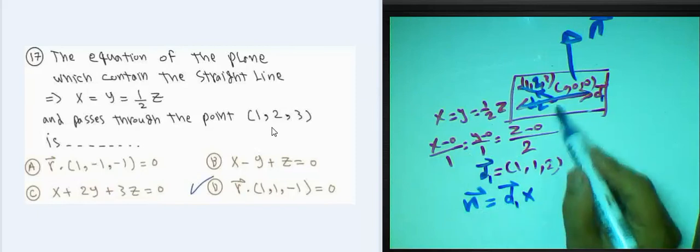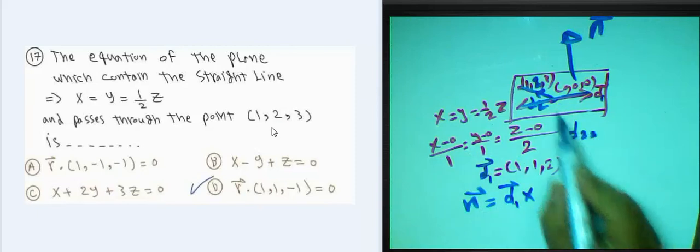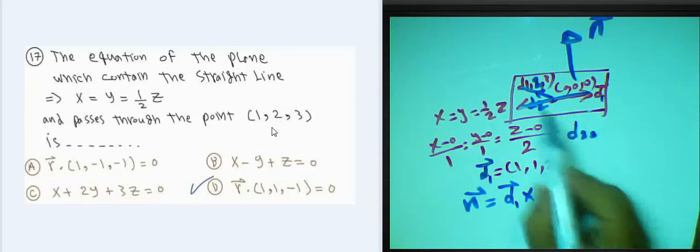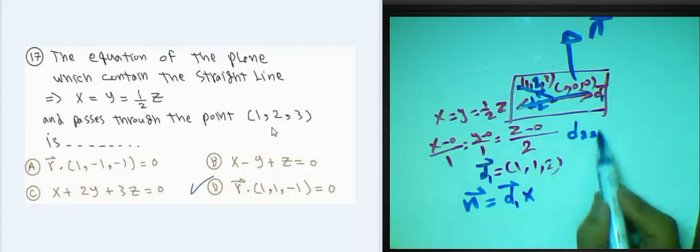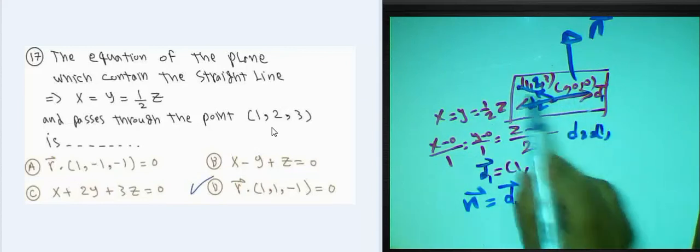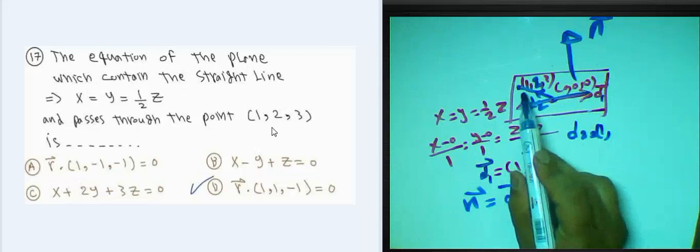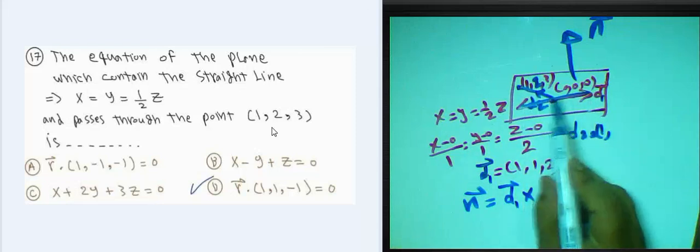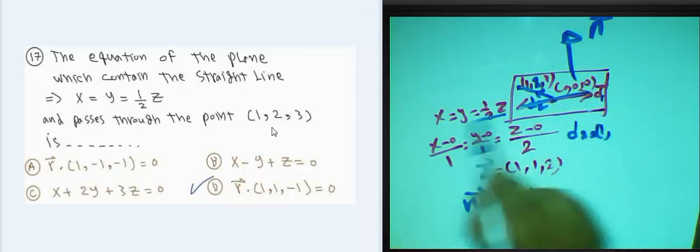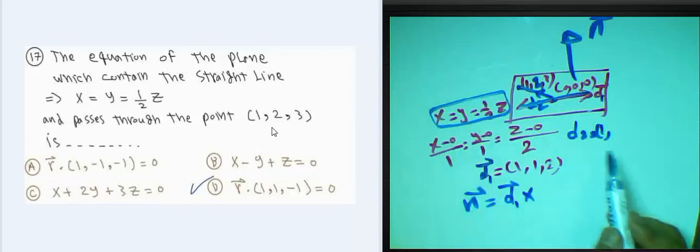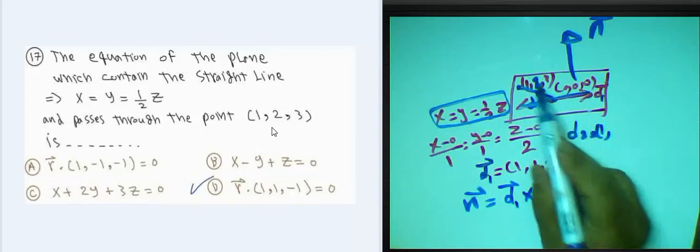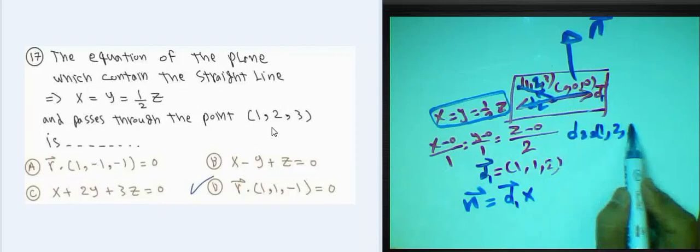And we can find d2 here. It will be 1 minus 0 equals 1, subtracting between 2 points because it lies between the 2 points (1, 2, 3) and (0, 0, 0), and the point (0, 0, 0) lies on the straight line x equals y equals half z. We can write 1 minus 0 equals 1, 2 minus 0 equals 2, 3 minus 0 equals 3.